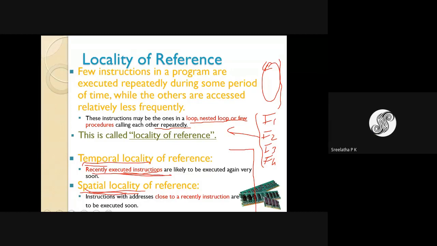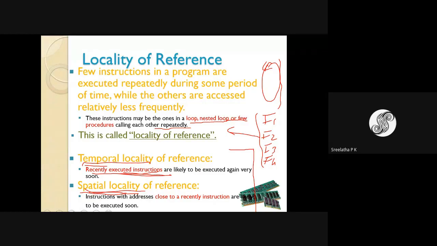And what type of data or instructions are stored in cache memory? Two ways the data can be stored. All the recently executed instructions and repeatedly executed instructions are stored in cache memory.